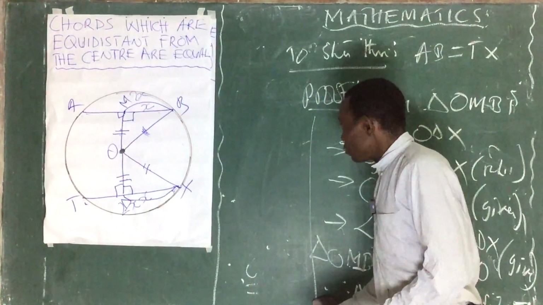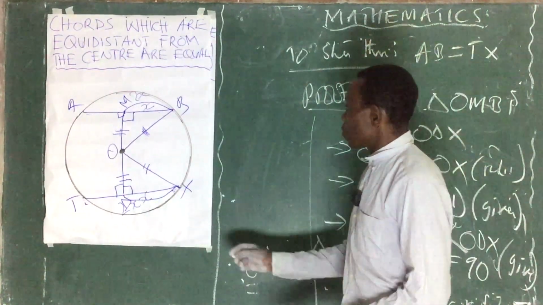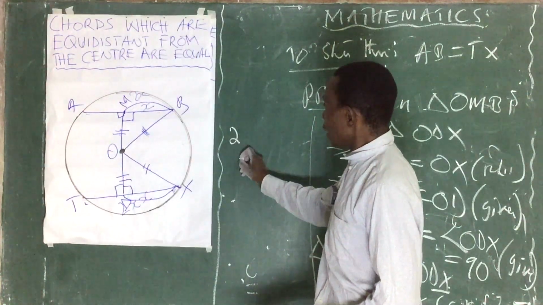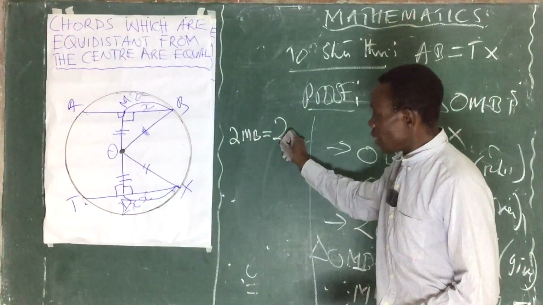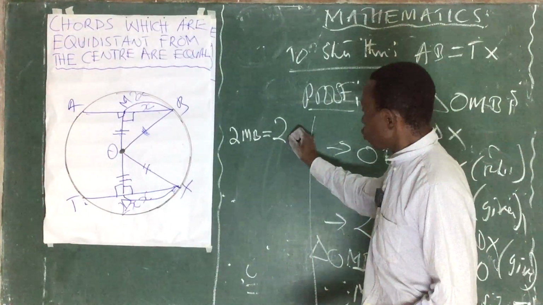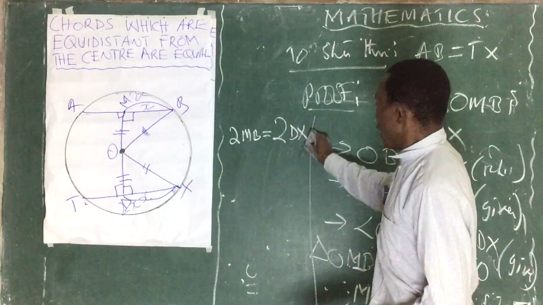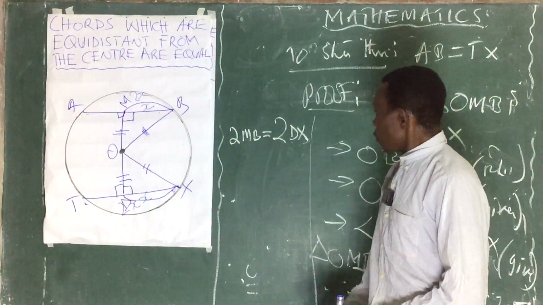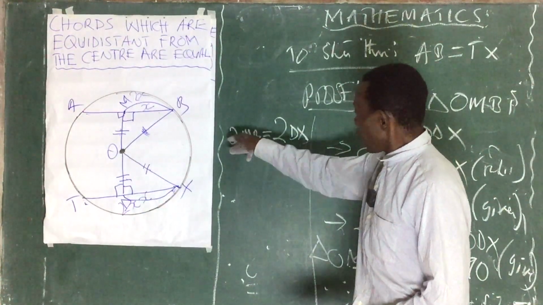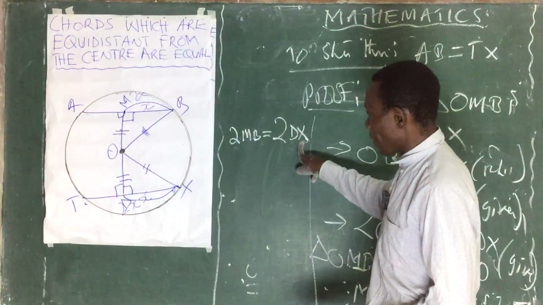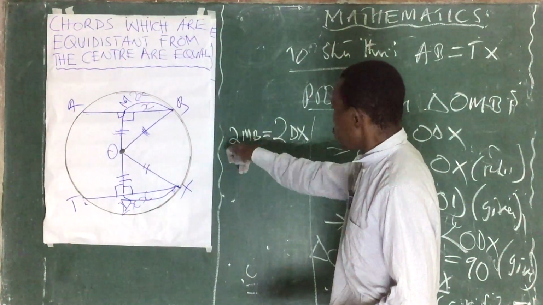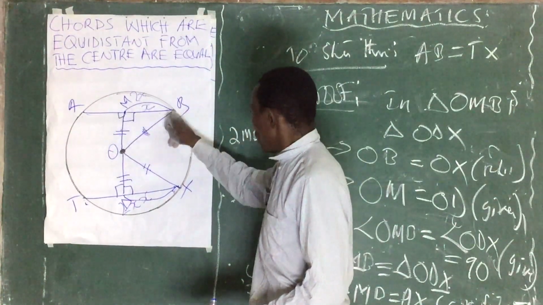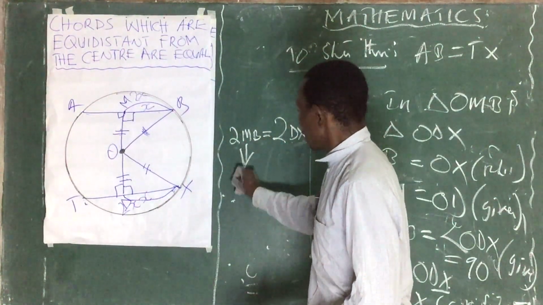So if those are equal, my explanation is clear that you expect that 2 MB is equal to 2 what? That is 2 DX. Right. So if 2 MB is equal to 2 DX, then definitely what we have for the 2 MB, this one gives us what?